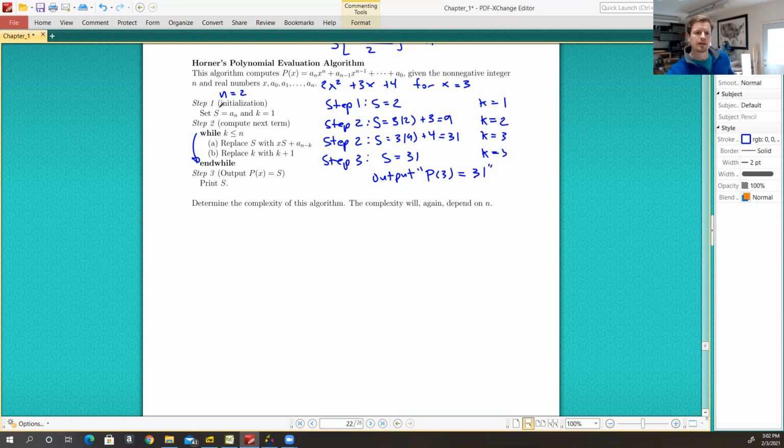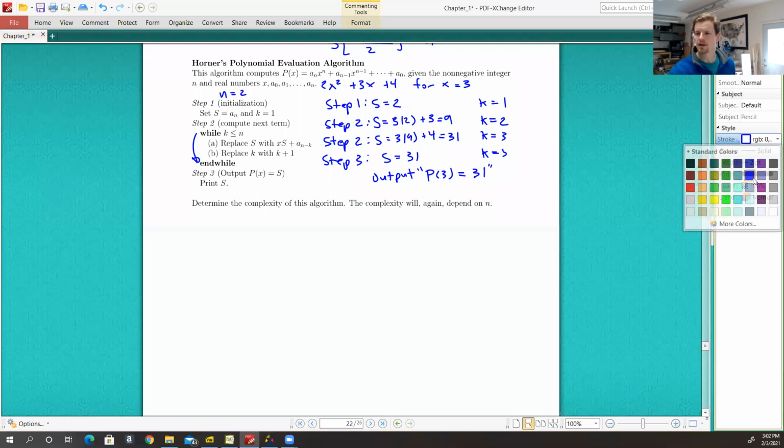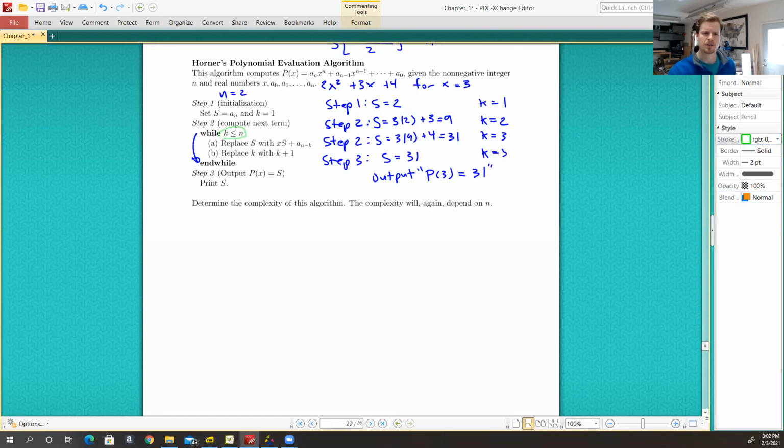In step 1, there's no elementary operations. In step 2, there's a comparison. So let me circle our operations here, or note them. So we have a comparison, a multiplication, an addition, and one more addition.